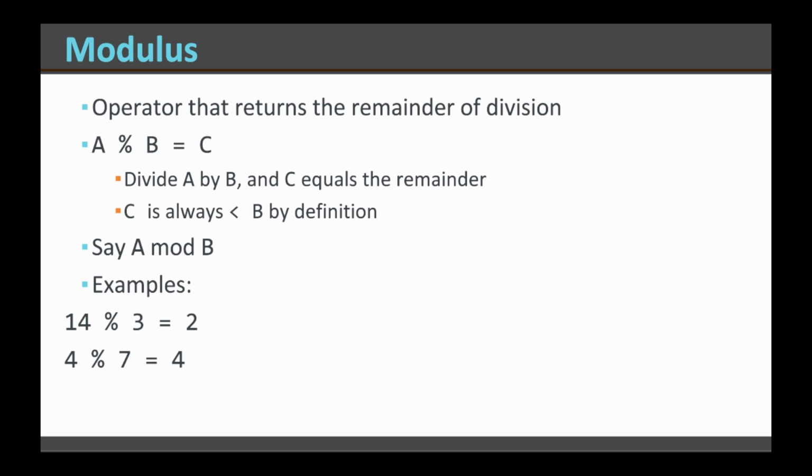And you have some guarantees. You know that the result is always going to be less than that second number, B in this case. So C is always going to be less than B. Because if C was equal or greater than B, that wouldn't be a remainder, right? Your division did not happen correctly in that case. So this is really handy.